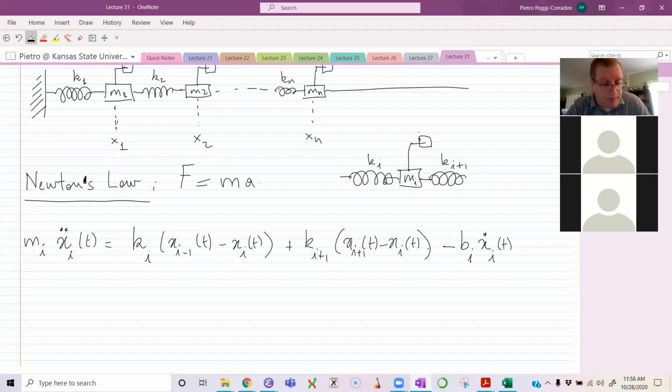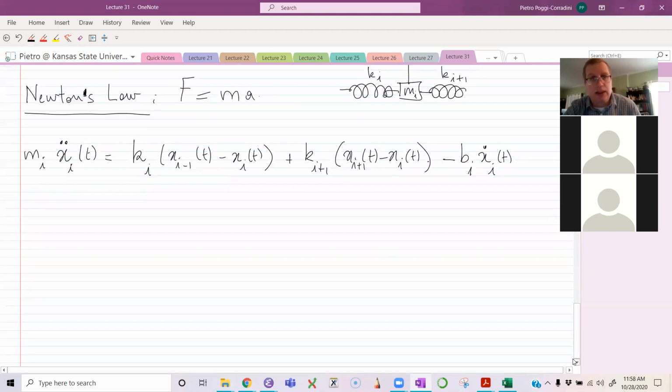Right. So, well, the good news is that this is linear. And so we can use matrices to express this, right? So we can maybe write it as M x double dot is equal to minus K x minus B x dot.